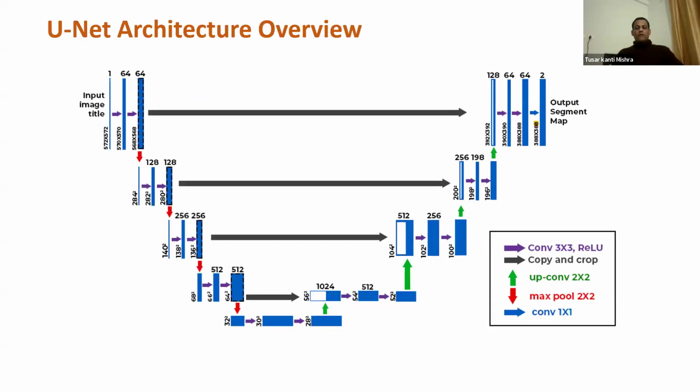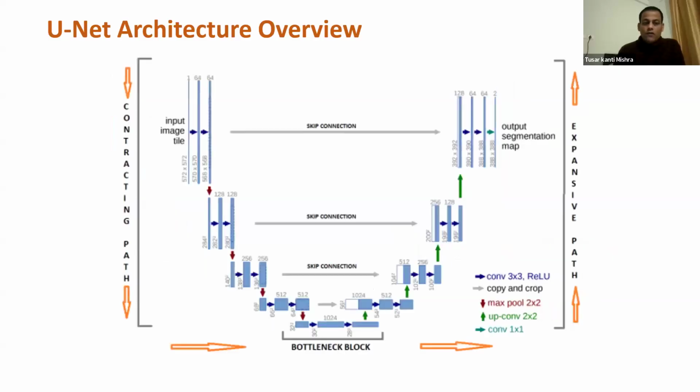When we visualize the entire architecture, the shape looks like a U, the English alphabet U, and that's why the name UNET was kept. Here, left hand side we have the contracting path, and right hand side we have the expansive path or the decoder part.